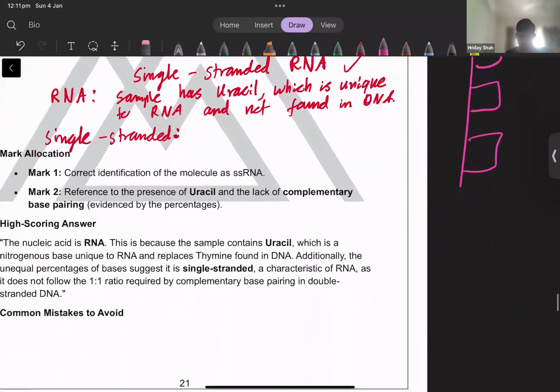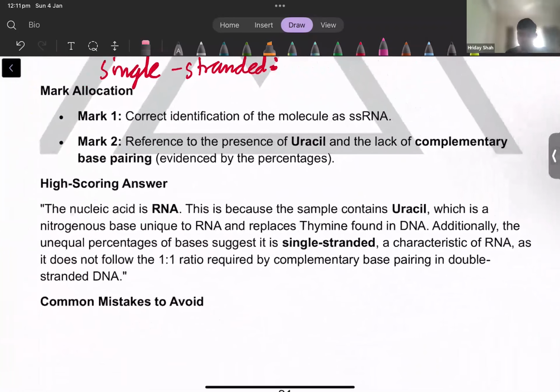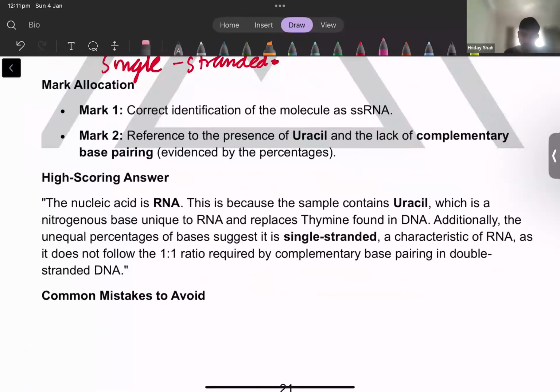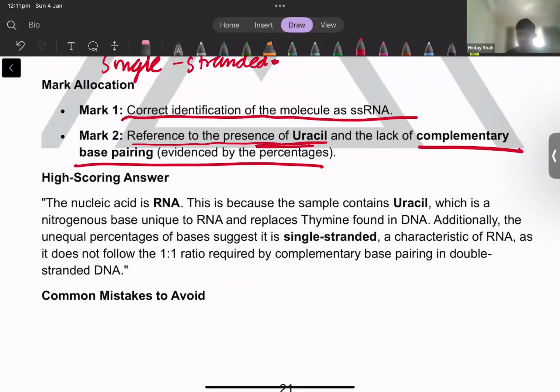So if you look at the mark allocation, which I've written below as well, the first mark is simple, just identify the molecule as single-stranded RNA. Now for mark 2, you need to do both things. You need to mention there's uracil present, and you also need to show that complementary base pairing suggests it is single-stranded.